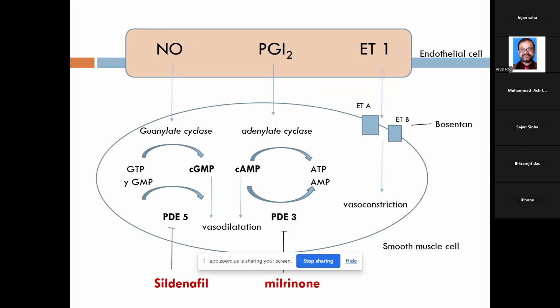On the other hand, endothelins are your vasoconstrictors. Now, sildenafil acts at the PDE5, which prevents degradation of cyclic GMP, and milrinone acts at PDE3, which prevents the degradation of cyclic AMP. So these are the mechanisms of action of these two drugs, which will be coming on later. And bosentan, you can see, is inhibiting your endothelin.